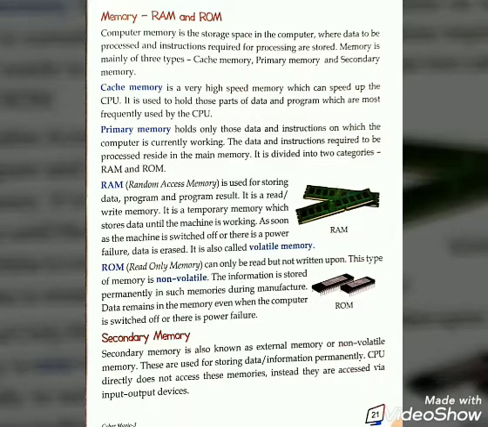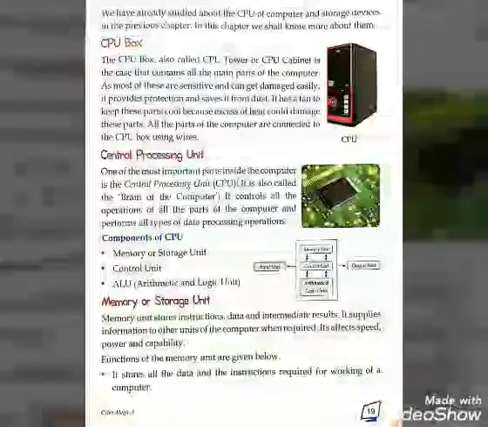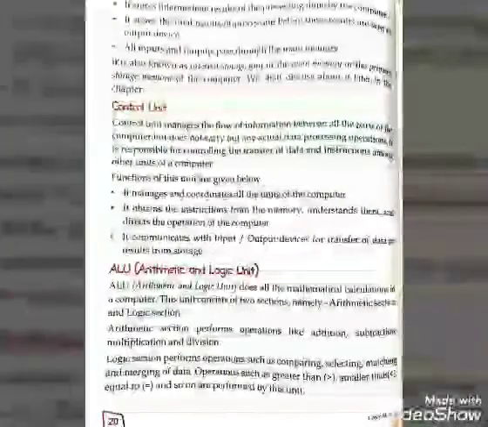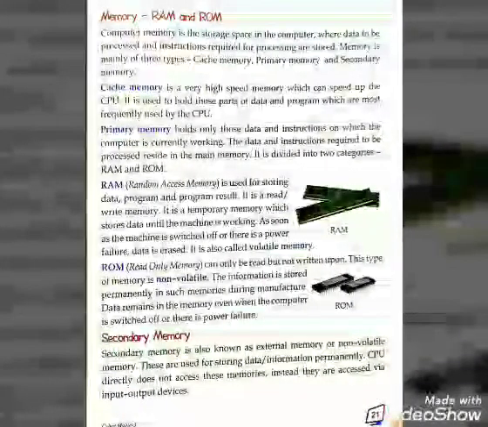So this is all about the memory, that is RAM and ROM, and we have discussed in this video about the CPU, central processing unit, memory or storage unit, control unit, and about ALU and memory, RAM and ROM. In the next video we will go through the rest of this chapter.